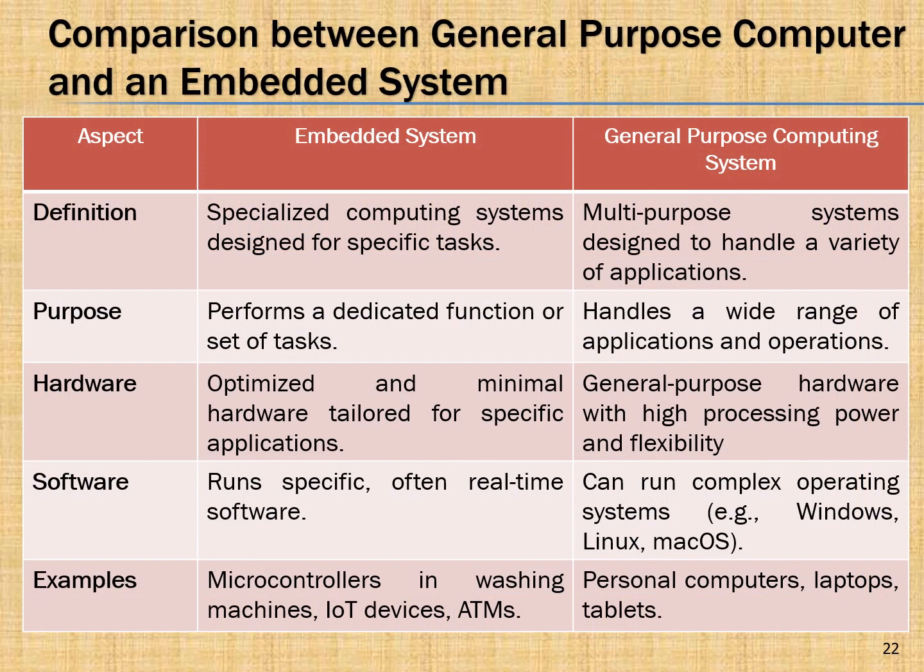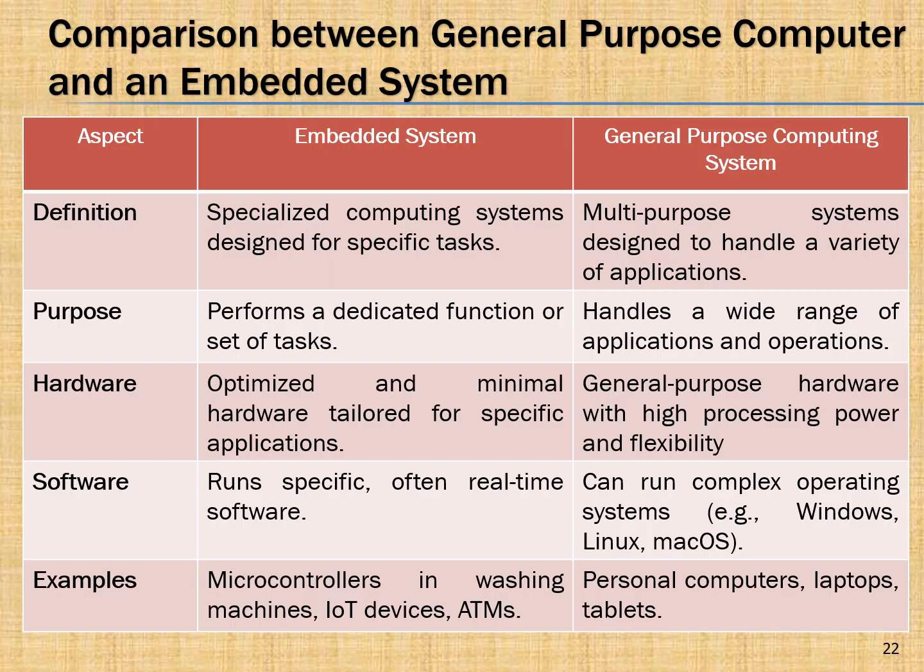If we compare point wise, then we can have this sort of picture between embedded system and a general purpose computer system. Like specialized, if we talk about definition, an embedded system is a specialized computing system designed for specific tasks, and on the contrary, the general purpose computing system is a multi-purpose system designed to handle a variety of applications, because general purpose computers can be used in any application, so that's why they are kept general during manufacture.